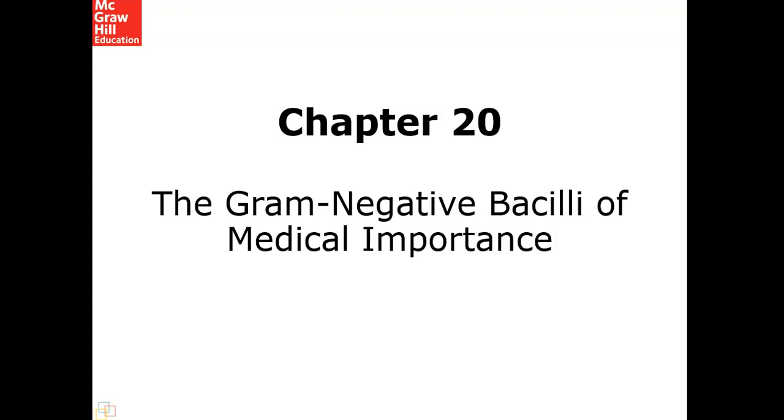When we switched to the current Polaro text, that was actually much nicer in terms of unit and material organization, in that now all of the microbe topics are organized by the morphology and gram reaction of those bacteria. So today, we are going to start by talking about the gram-negative bacilli.